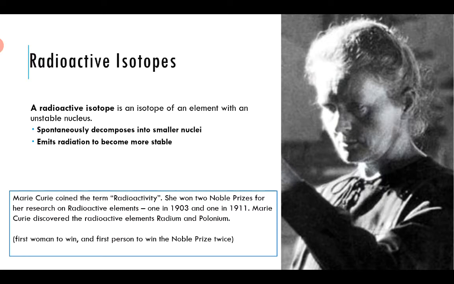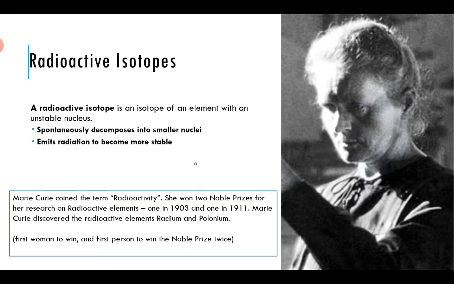Before we dive into too much about nuclear equations, it's good to give a shout out to a famous scientist, Marie Curie, who coined the term radioactivity. Marie Curie won 2 Nobel Prizes, and she was the first woman to win and the first person to win a Nobel Prize twice. And I believe she remains the only person to win a Nobel Prize in 2 different subjects.